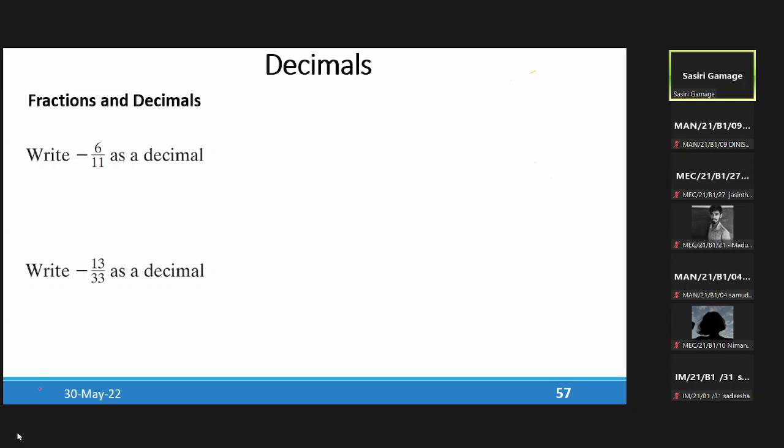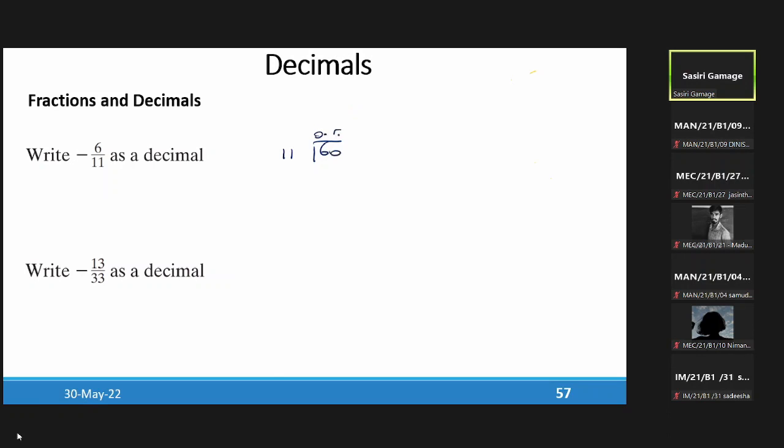What about the answer for this? 6 divided by 11. Here we have some negative signs as well, but when we do the division, when we convert it, we forget about the sign and do the calculation, and at last we can keep the negative sign. What's the answer for this? 0.545. 545.